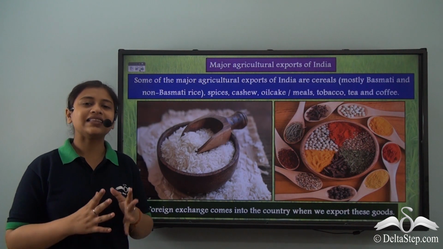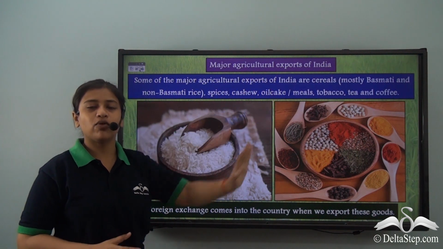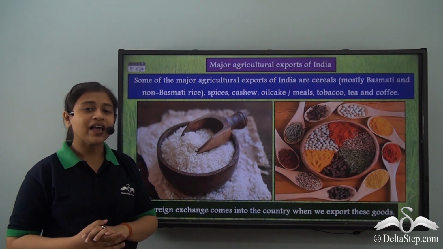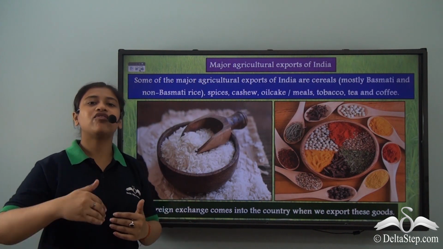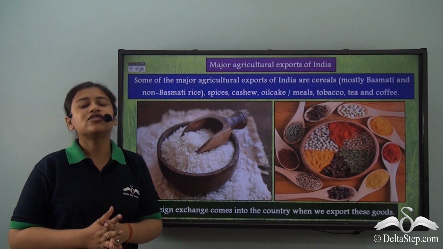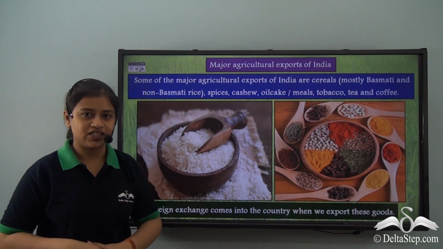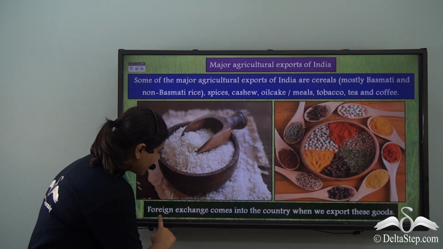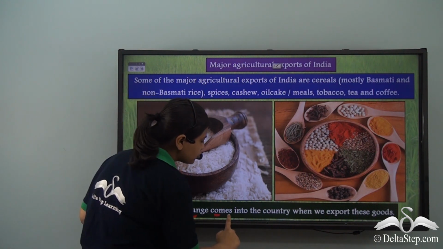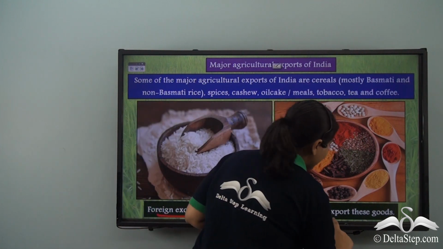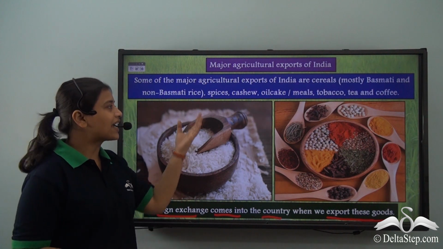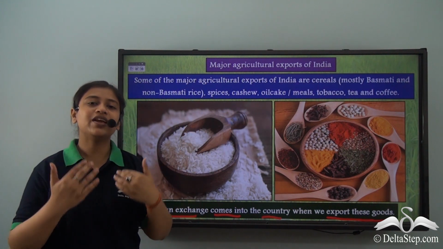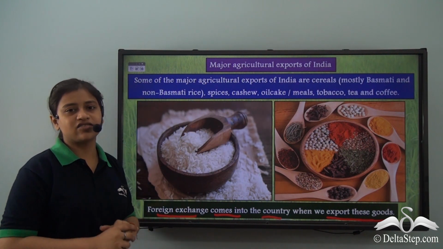Now, do you think these agricultural exports are important for India? Well, yes. When we export these goods out of our country, we also bring in foreign exchange. So when we export these agricultural goods, we bring in foreign exchange in return.